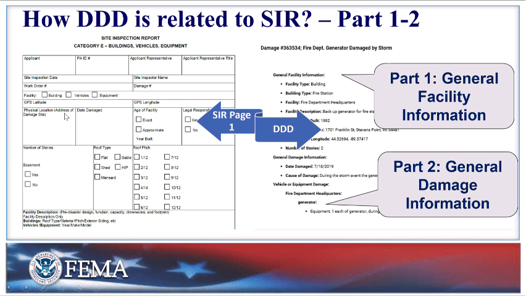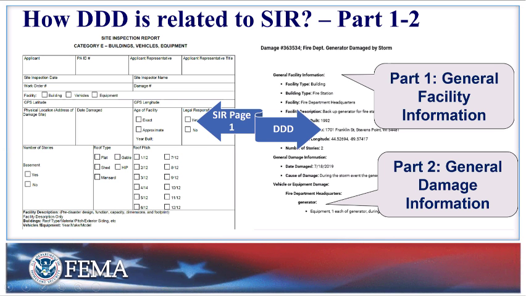This information could look different depending on which category of work you are conducting. So we want to ensure that we have the correct site inspection report for the correct category of work which we're inspecting. That would make sure everything lines up and is in compliance when we're entering the information in Grants Manager.